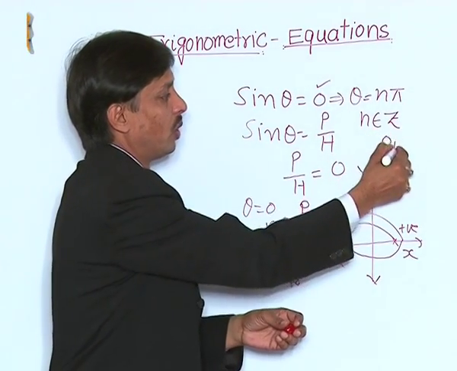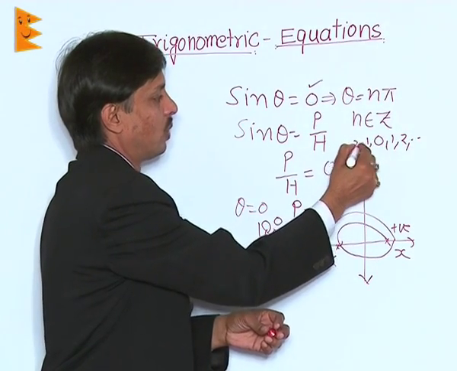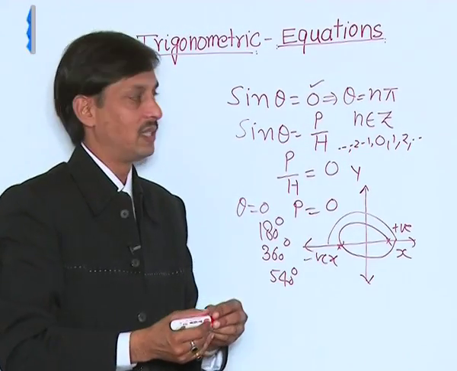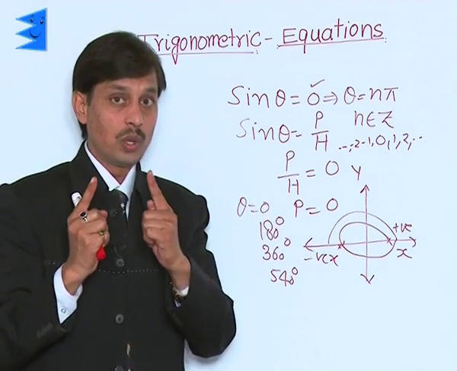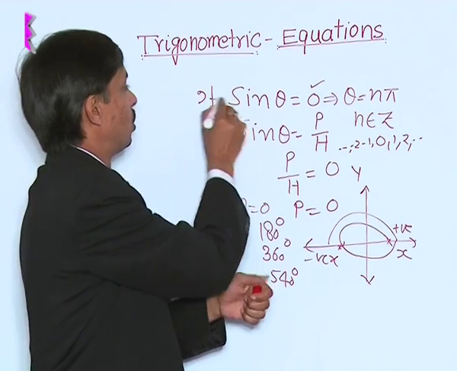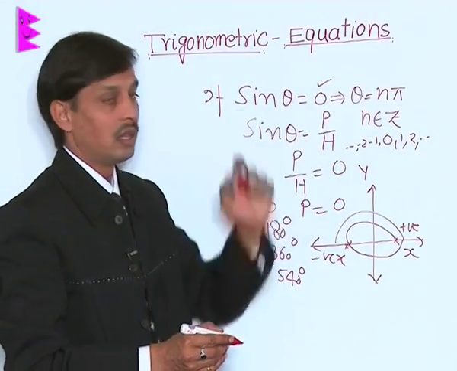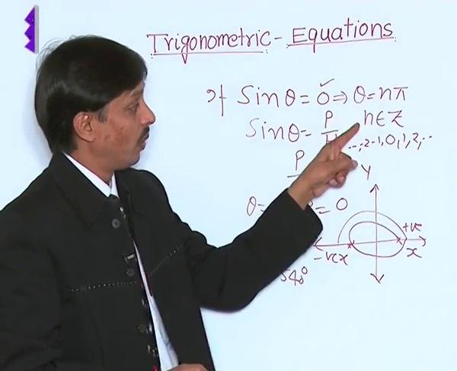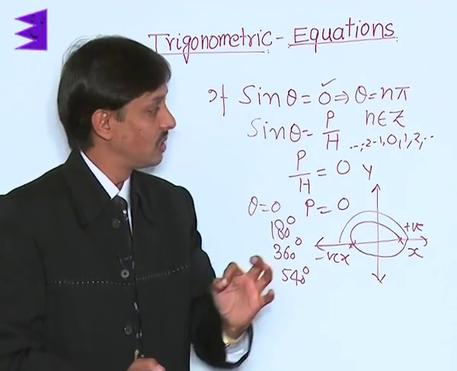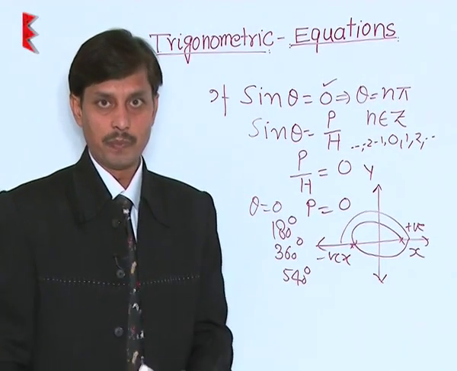It may be 0, it may be 1, 2, 3, it may be -1, -2, -3, etc. So the first result to keep in mind is that if sin theta is equal to 0, then the value of angle theta will be n pi, where n is any integer, may be positive, may be negative, or it may be 0.